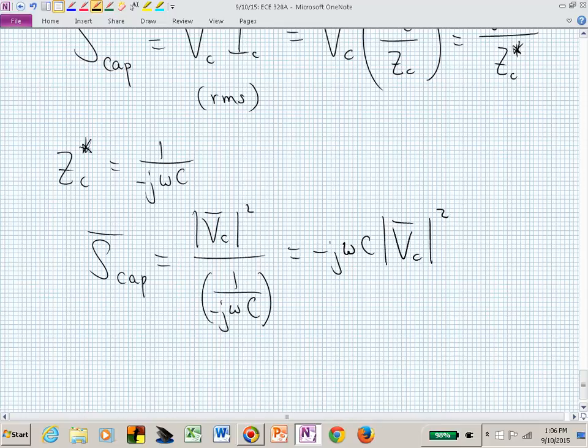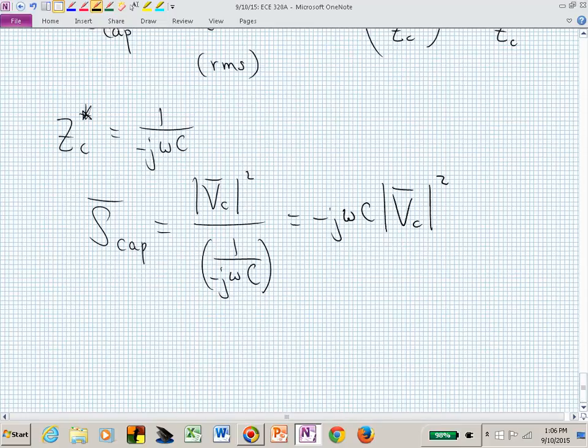And that Q was a minus j57 that we wanted to introduce. And what's omega? We know V sub C. That's the voltage applied across those loads, and the capacitor was one of those loads. That was 500. We know that. We don't know C. You just told me what S cap should equal.